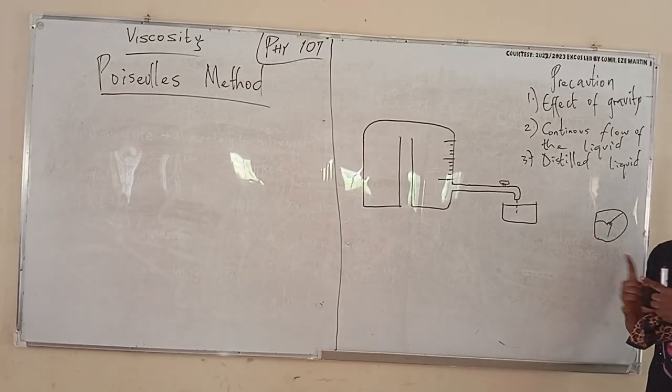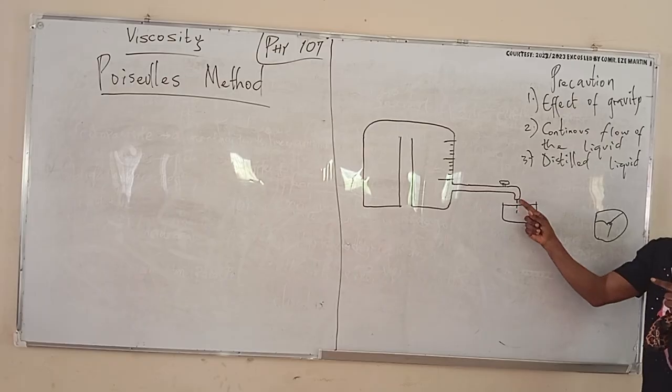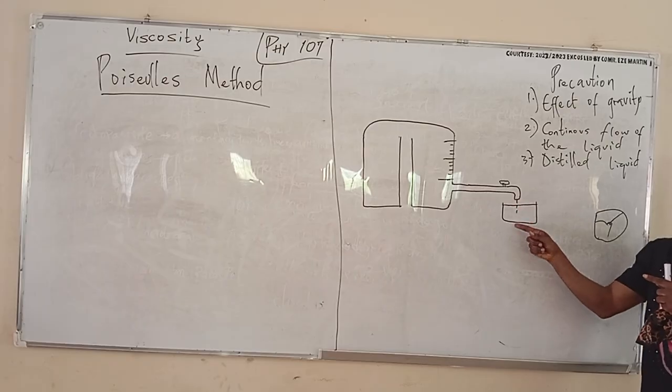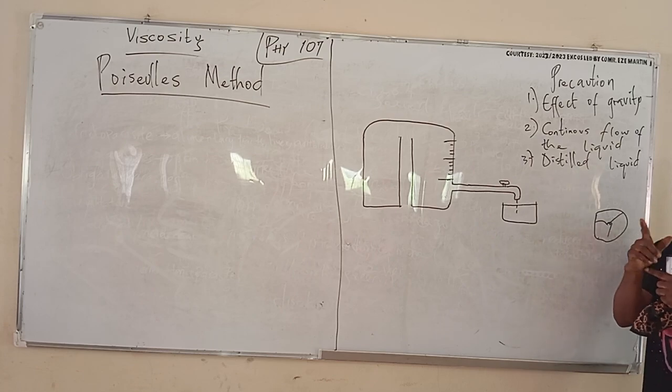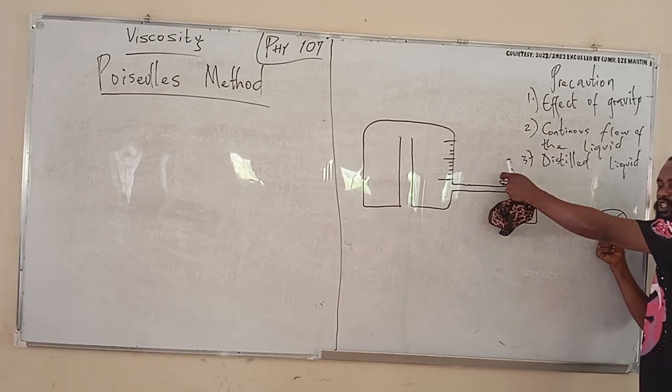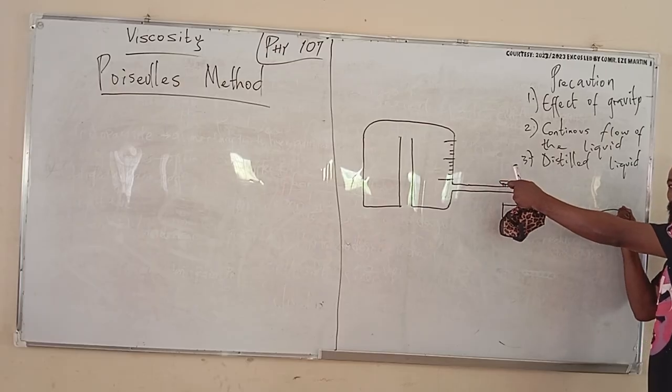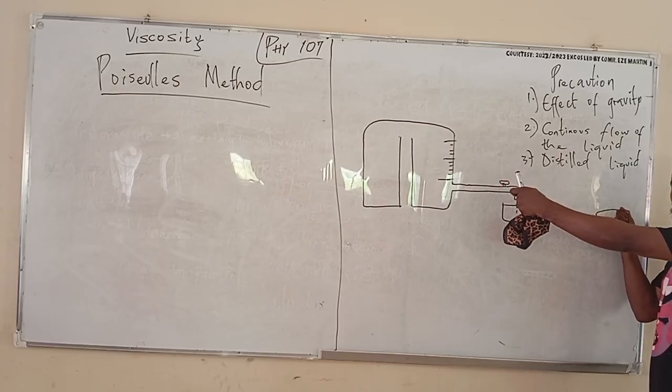So for 1 minute, this water will be dropping, entering here, while the clock is reading. Once it gets to exactly 1 minute, he will switch off the water and the stopwatch at the same time. Hope you're getting it.